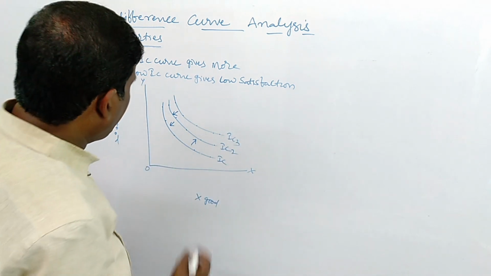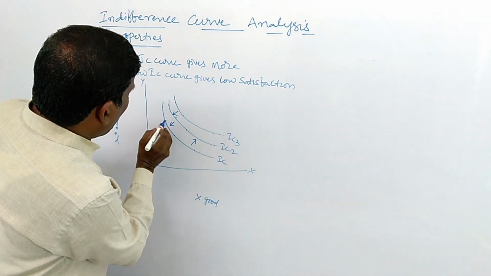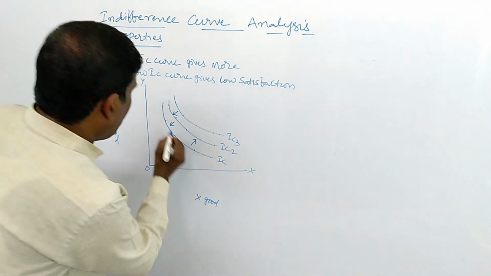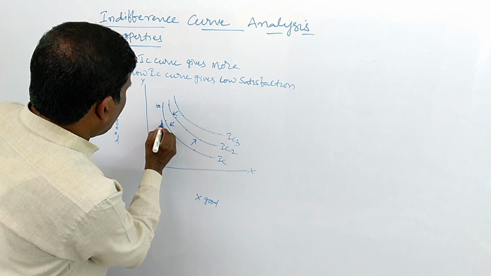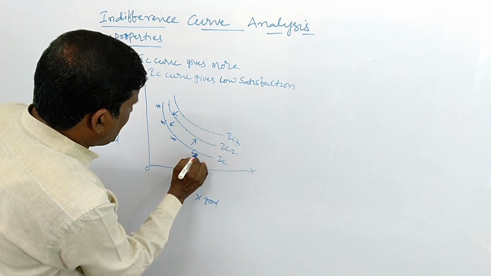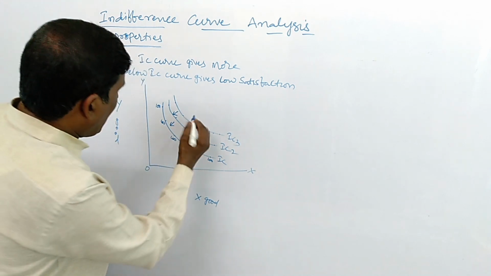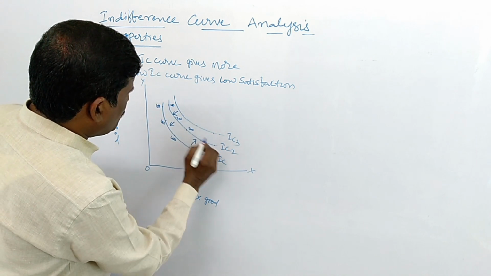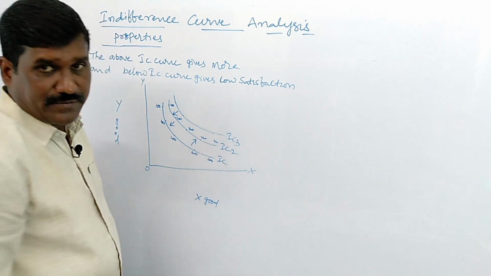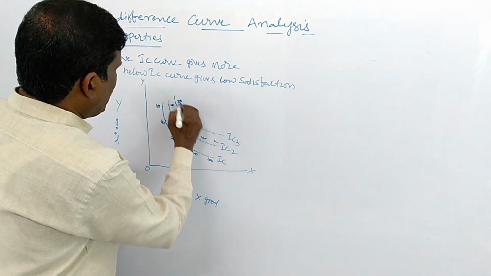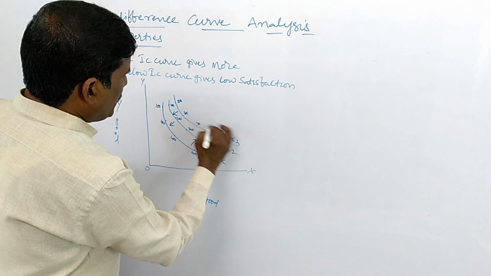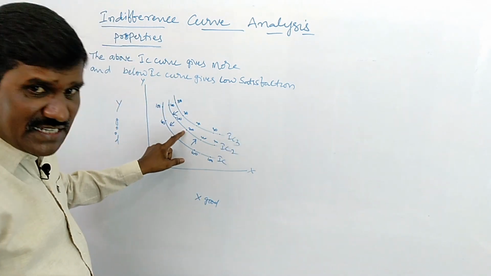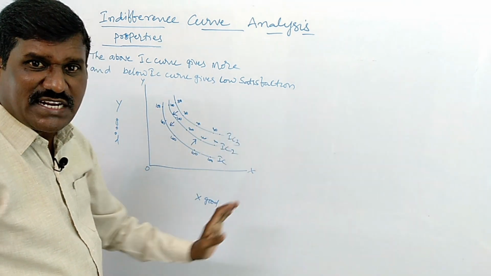But one thing to be noted here, all points on an IC curve give us the same satisfaction. See here 100, here 100, and here also 100. The above IC curve 200, 200, 200, and then 200. And the above is 300, 300, 300. The below curve gives less satisfaction. The above curve gives more satisfaction.